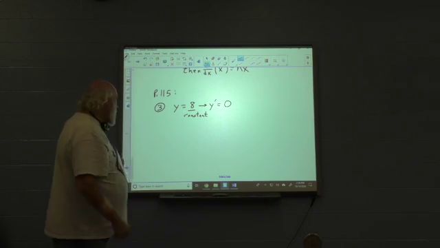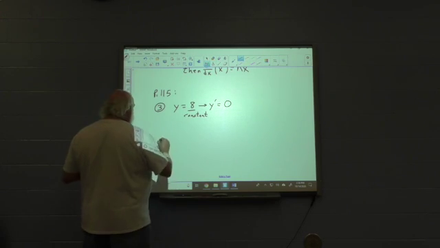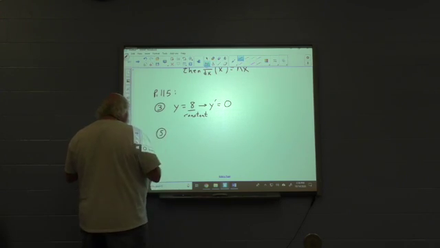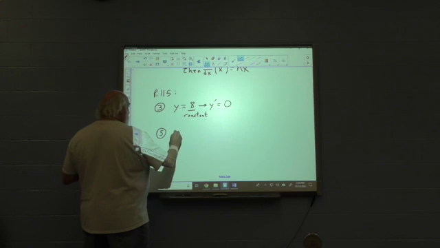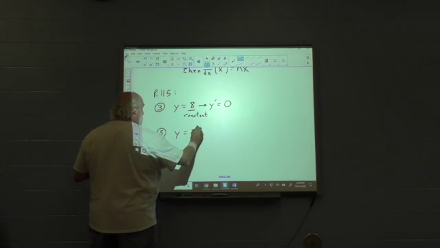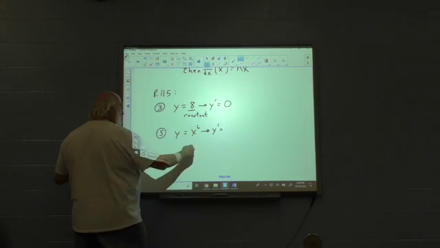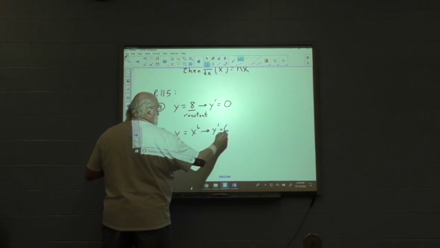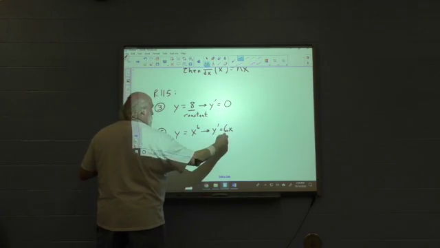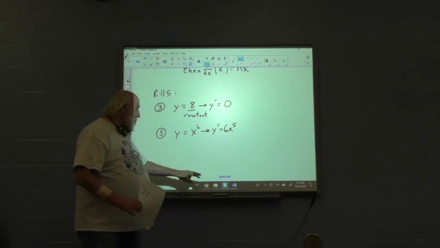Slope is 0. And that's what derivative means. You're dealing with the slope here. Number 5. Y equals x to the 6th power. So y prime, put the 6 over in front of the x, put the x back down, and the exponent now is 1 less. So 6x to the 5th power.